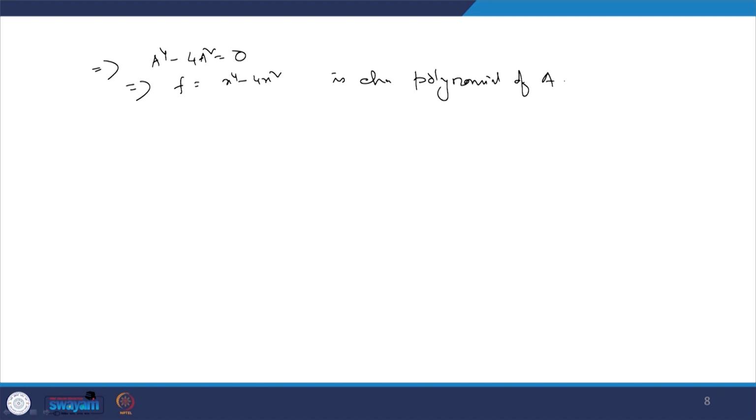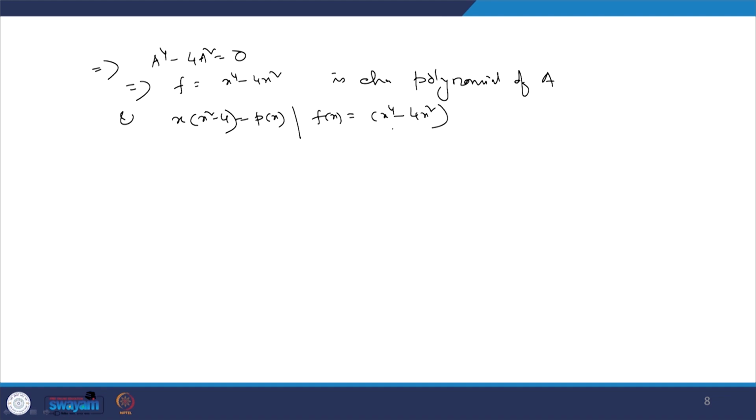of A. And I also see that because it is a degree 4 polynomial, and x into x square minus 4 equal to Px, this divides Fx equal to x to the power 4 minus 4 x square.